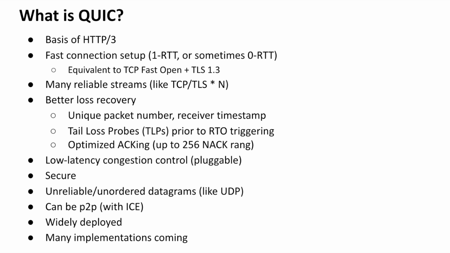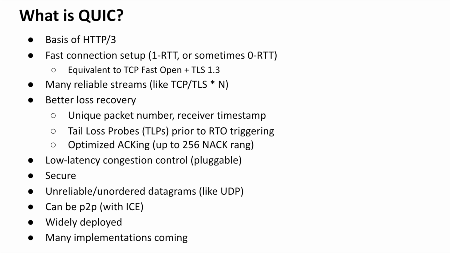Well, as you may know, when you load a web page, that web page can be comprised of dozens or even hundreds of components, each of which was creating its own TCP connection and going through slow start to bring down that component. And that slowed things down enormously. So it made more sense to have a single connection setup, which could be much faster than TCP plus TLS. And that's what QUIC gives you.